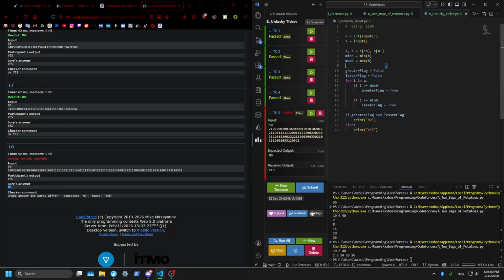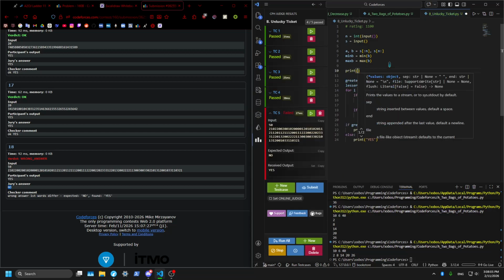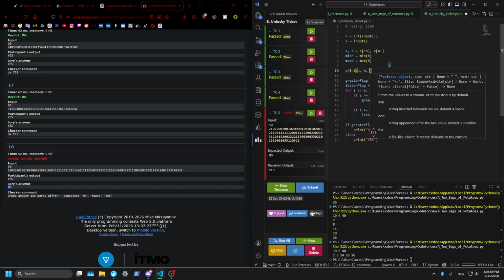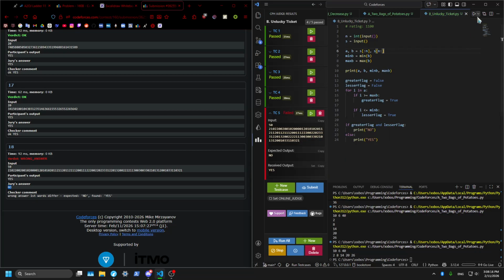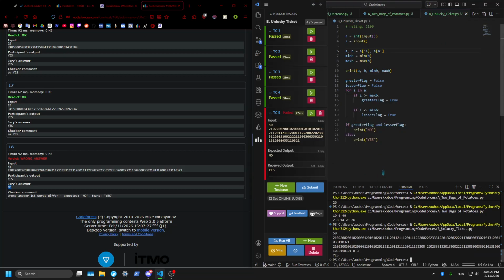So what we need to do is print A and B, min B, max B. Min B is 0, max B is 3.